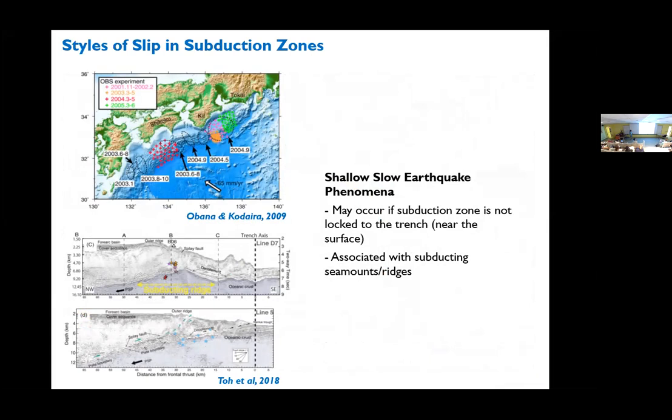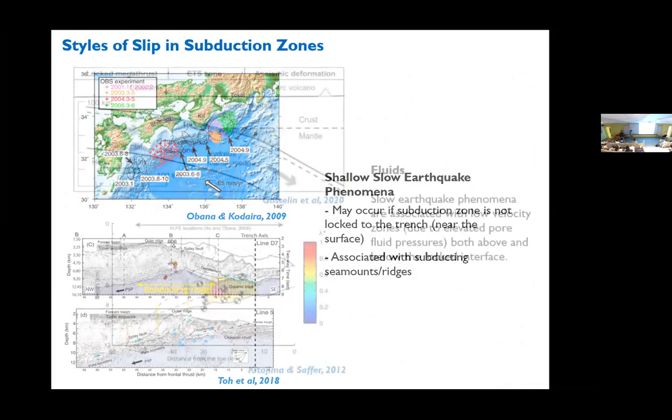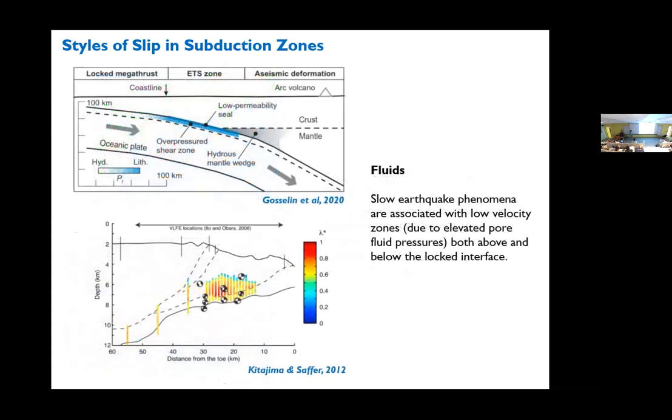It generally occurs if the subduction zone is not locked all the way to the trench, and it seems to be intimately associated with subducting topography, that Damien mentioned earlier. They also seem to be associated with low velocity zones due to high pore fluid pressures in both the deep and shallow environment.